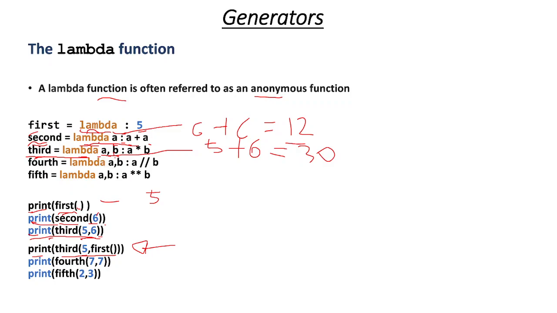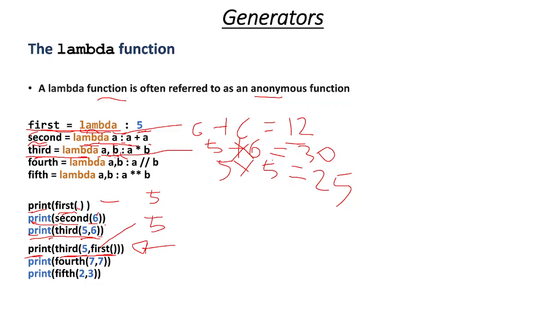However, we will invoke our first Lambda function by placing it as an argument inside the third Lambda function. When we invoke our first Lambda function, as a result we will of course get integer 5, as integer 5 is a part of our first Lambda function. So b will receive an integer of 5. We will have 5 multiplied by 5, and we will get 25 displayed as a result of running the following code.